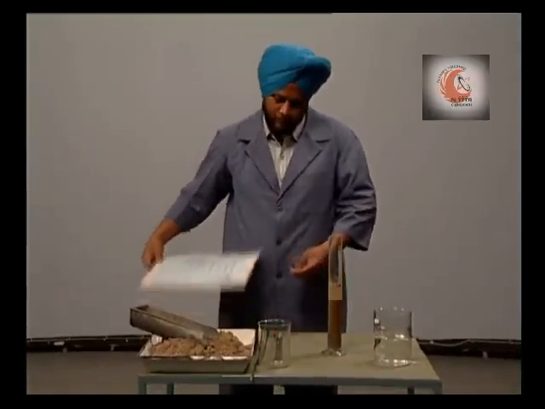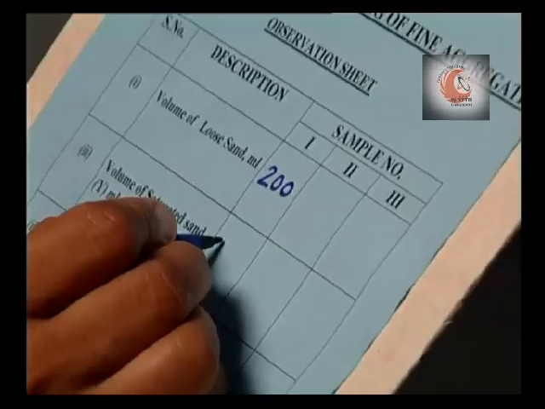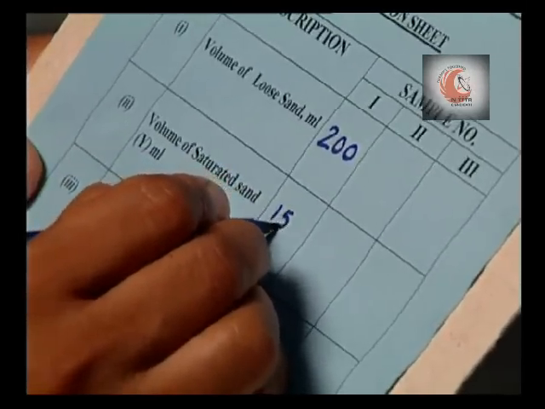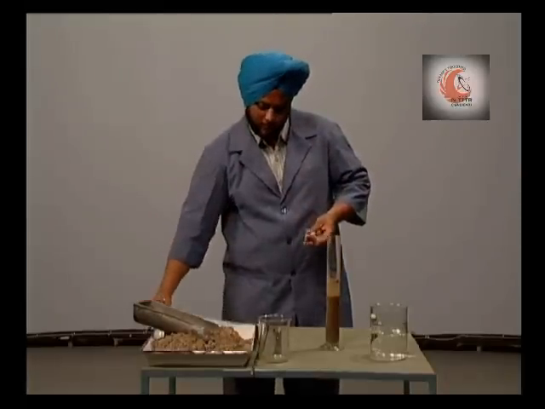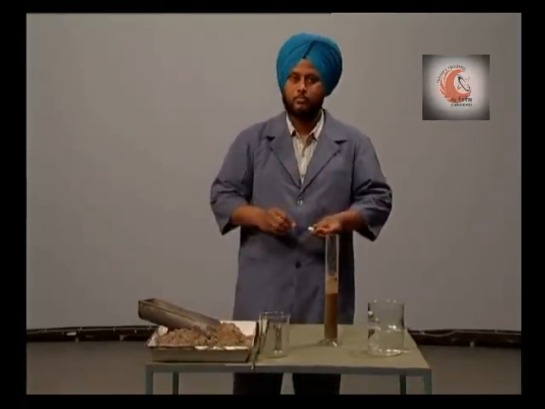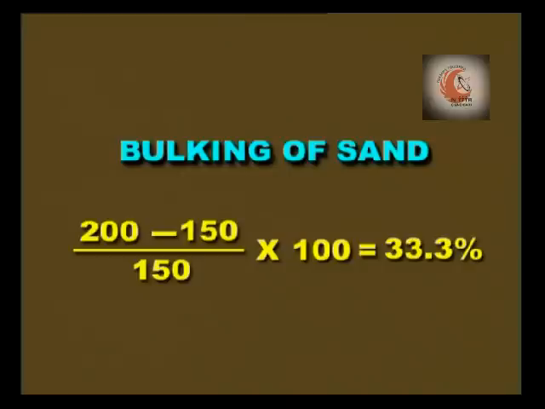This reading is recorded in the observation sheet. Therefore, bulking of sand can be calculated as (200 minus 150) divided by 150 multiplied by 100, which is 33.3%.